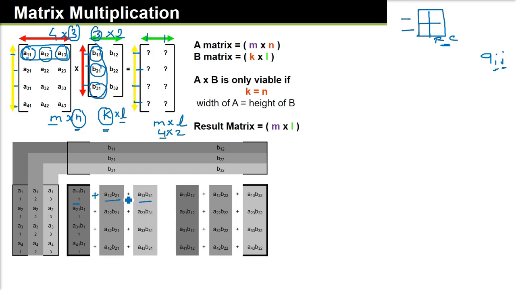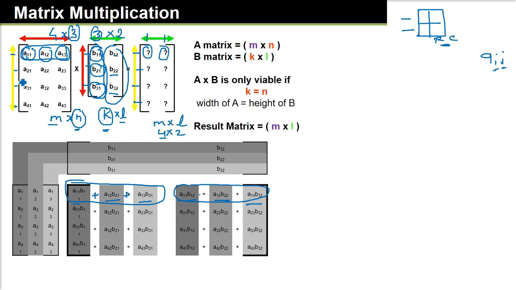This is the first element that you will put in the resultant matrix. Now remain in the first row and increase the column. Now you go to the second column. So A11 into B12, A12 into B22, A13 into B32, write them here and add them. This will be the second entry in the resultant.